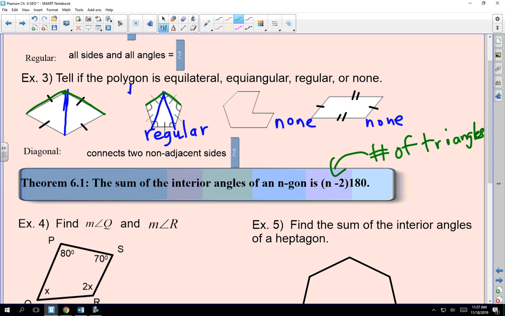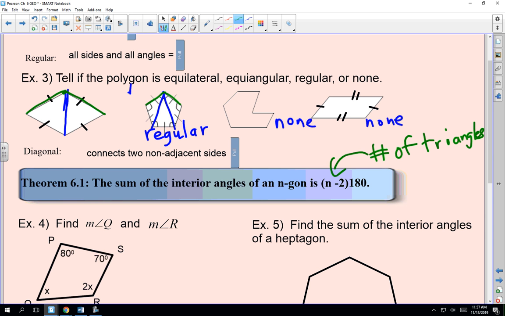So you can memorize the formula, or you can just remember to triangulate the figure. If I hand you a decagon, 10 sides, without even drawing, how many triangles will the decagon have inside of it? 8 of them. So you go 8 times 180, and you'll have the sum of the interior angles in the decagon. So that's the idea behind this theorem.